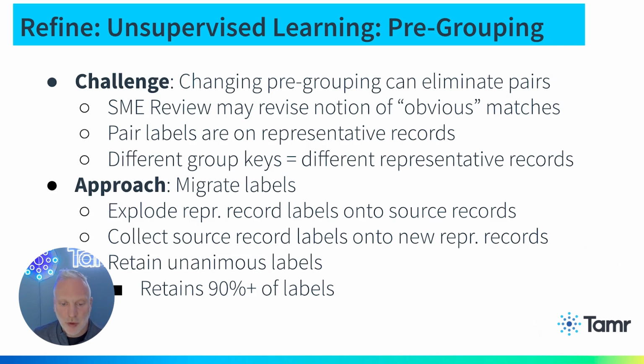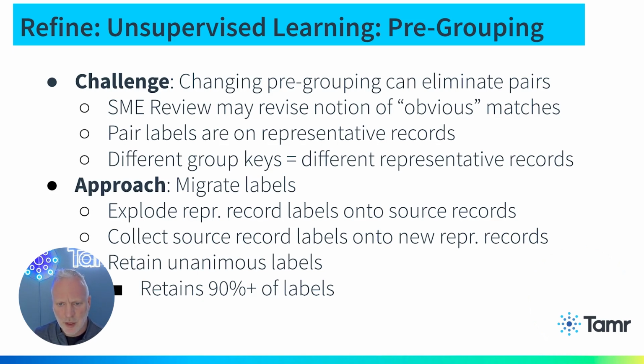In those cases where we have unanimous labels, we keep that as a training label. In cases where we do not have unanimous labels, a mix of match and non-match labels, we just discard that label, rather than trying to be clever about retaining more labels, because the unanimous labels, we're modeling real world entities.